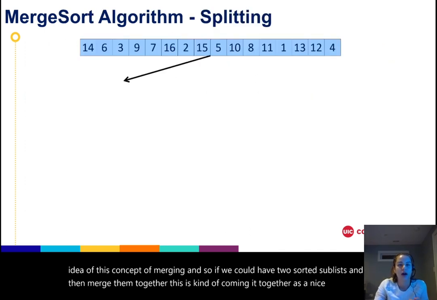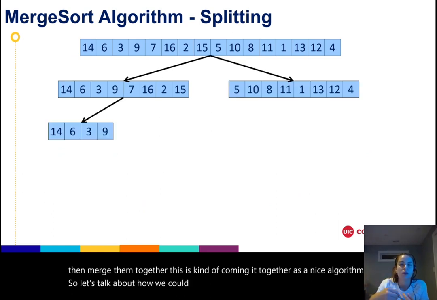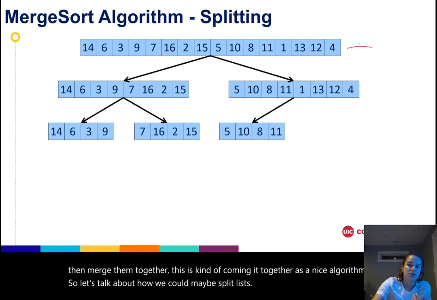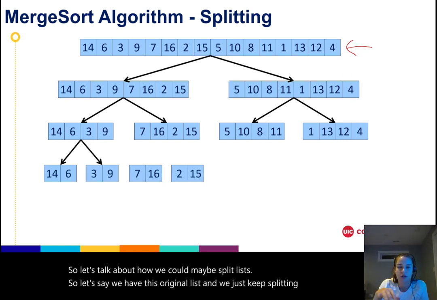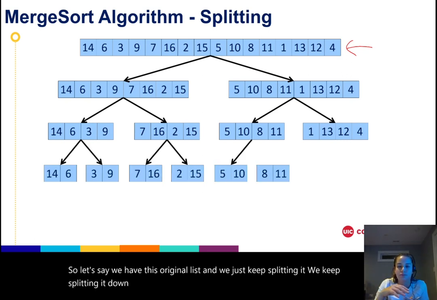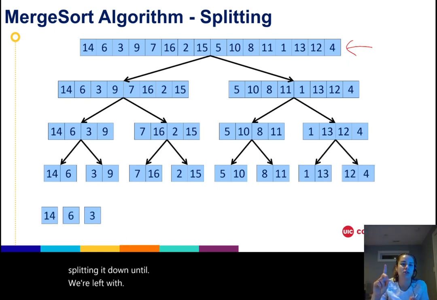So let's talk about how we could maybe split lists. So let's say we have this original list, and we just keep splitting it. We keep splitting it down until we're left with lists of 1, right?